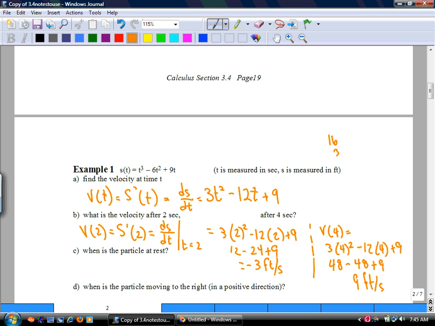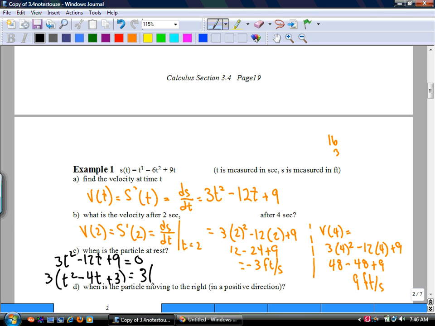Okay, when is the particle at rest? So 3t squared minus 12t plus 9 equals 0. Take a 3 out: t squared minus 4t plus 3.